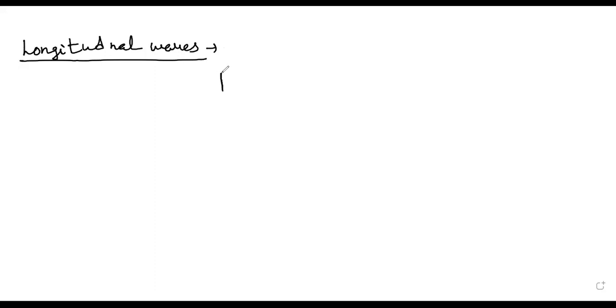Okay. Now next we have longitudinal. Let's see. Which waves are longitudinal waves? Transverse wave we have already discussed. For longitudinal waves, the particles of the medium vibrate parallel and anti-parallel. What I mean by parallel and anti-parallel, you will understand.